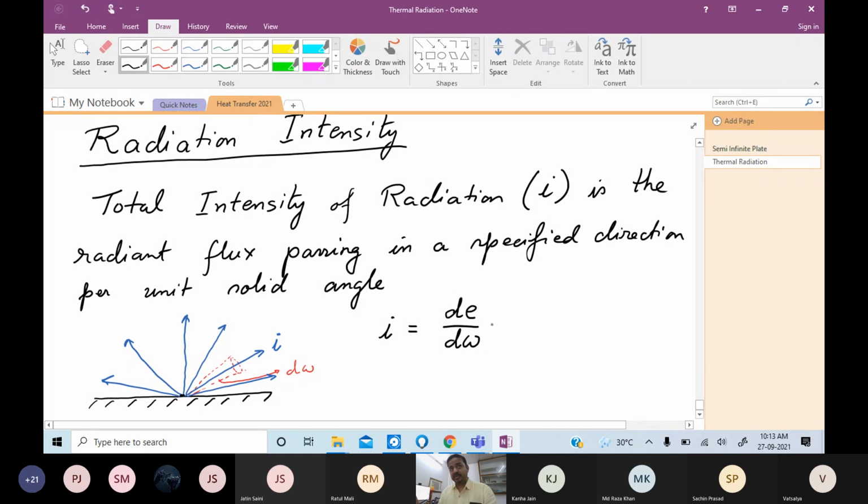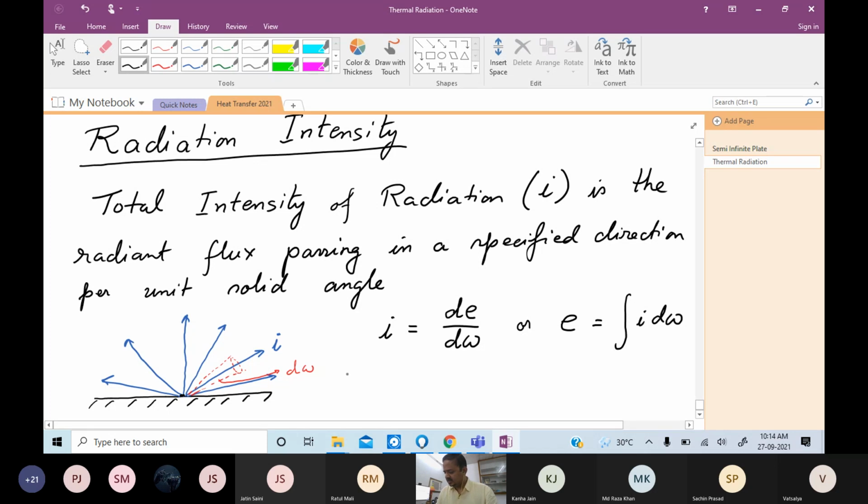E, remember, is the emissive power, or the total hemispherical emissive power. Or what it means is E, therefore, is the integral of I d omega, where the integration is carried over all directions encompassed by a hemisphere.